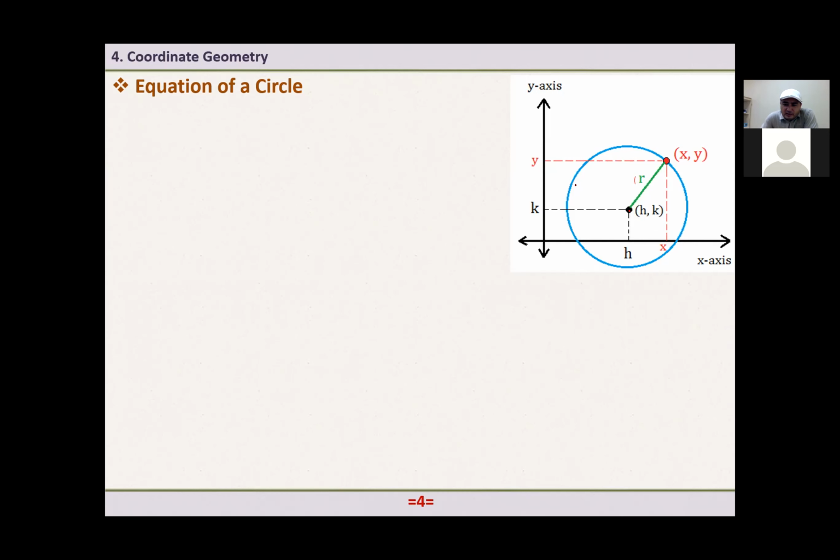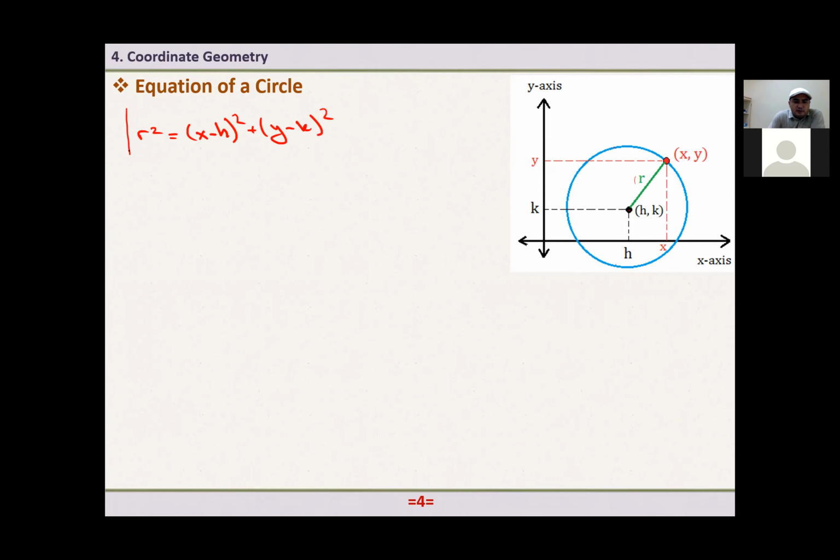And to represent a circle, let's denote any point on the circle by x and y. Why are we using x and y? Because they are variable. It can be this point, this point, or this point. So if you find the distance, it's given that r, so the radius squared will be equal to x minus h squared plus y minus k squared.